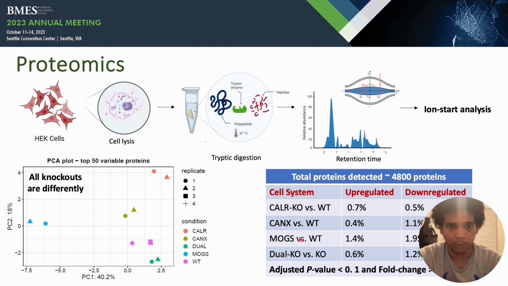And we have found out that MOX has a significant number of upregulation and downregulation, and this could be because MOX plays a critical role in trimming of the monoglucose monosaccharide, and that helps the newly translated proteins to get detected by the calnexin and calreticulin.